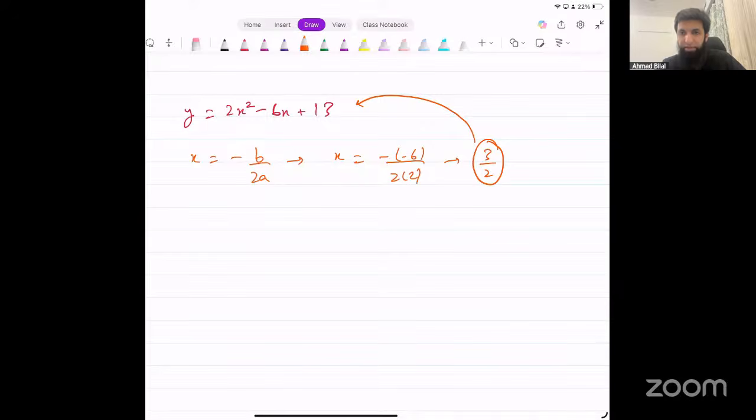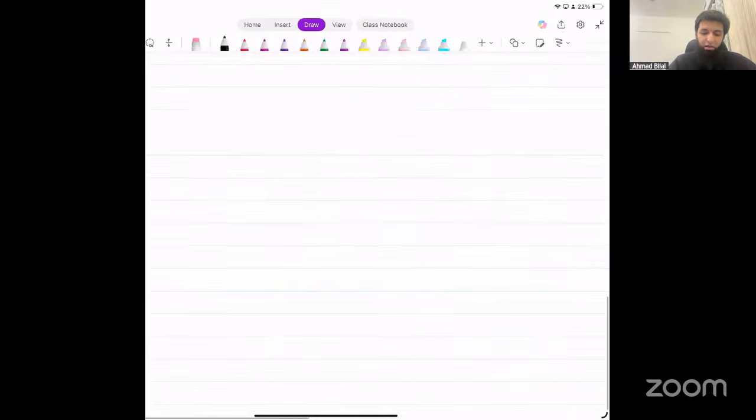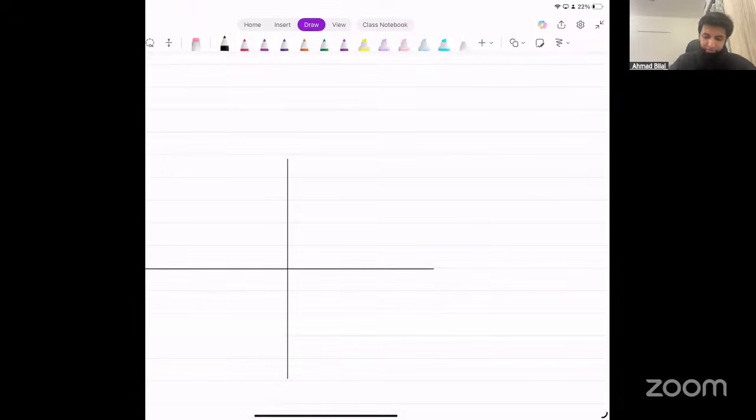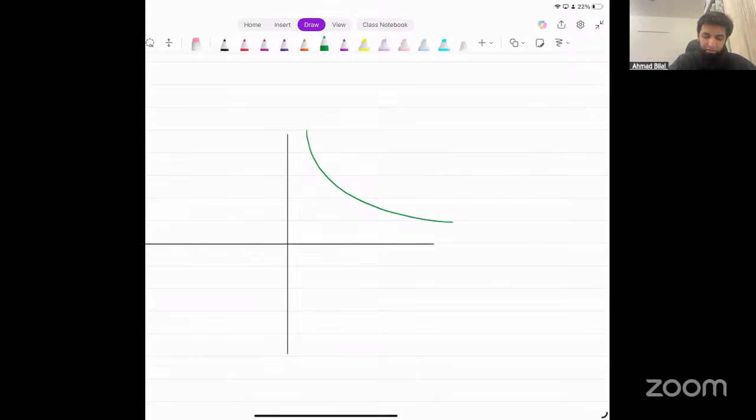Okay. Reflection in the line y equals x for reciprocal graphs. Let's suppose you've got a graph like this. How do you reflect it? Let's suppose this is the line y equals x.